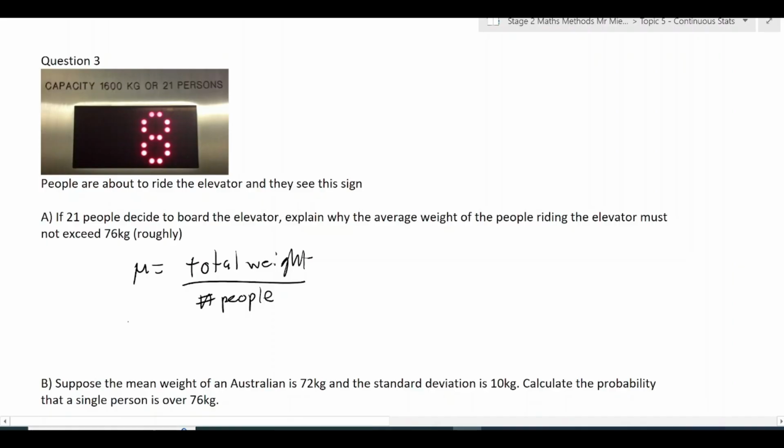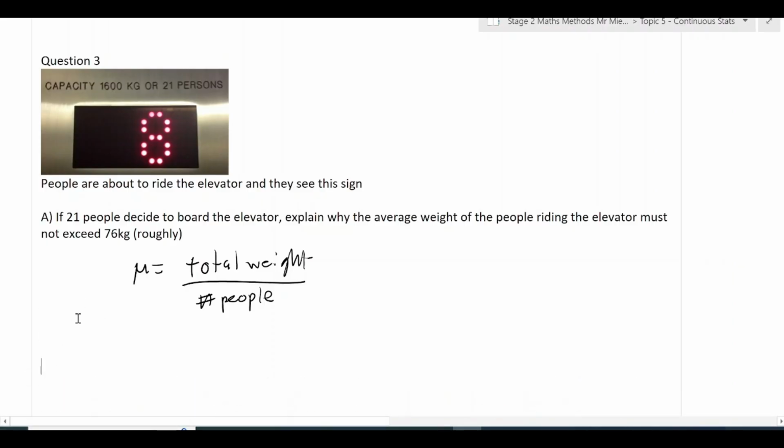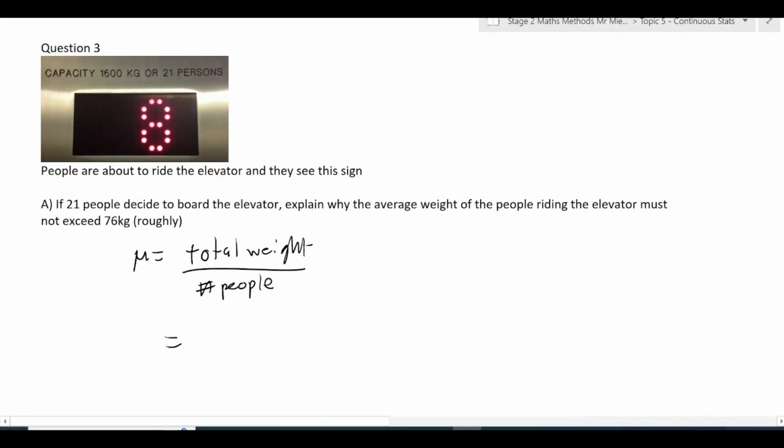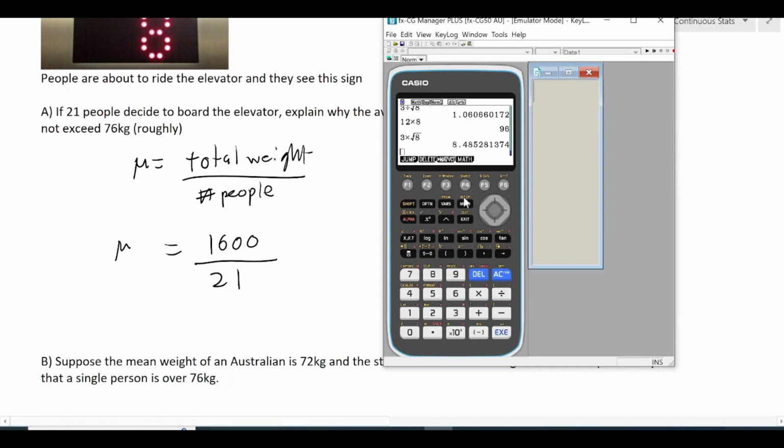And we know the total weight is 1,600 at maximum, and the number of people is 21. And then this is the average weight. So if we do 1,600 divided by 21, that gives us the average weight that we're not really allowed to exceed.